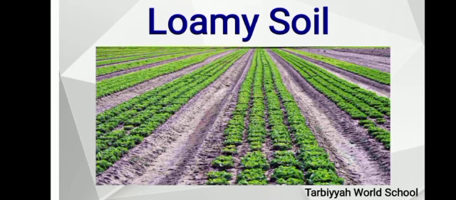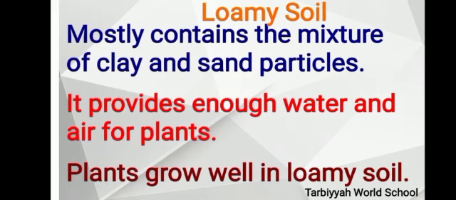Now see loamy soil. This type of soil contains a mixture of clay and sand particles. It provides enough water and air for plants. Hence, plants grow well in loamy soil. It also contains humus, which makes the soil fertile.